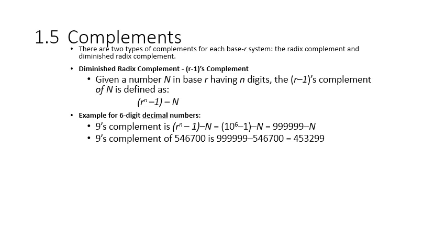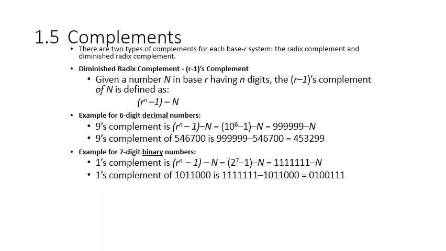So 9's complement of 54670 will be equal to 10 raised to power 6 minus 1 minus this number. Similarly, 1's complement of this number will be equal to 2 raised to power 7 minus 1 minus this number. So first you have to convert 2 raised to power 7 into binary as well.